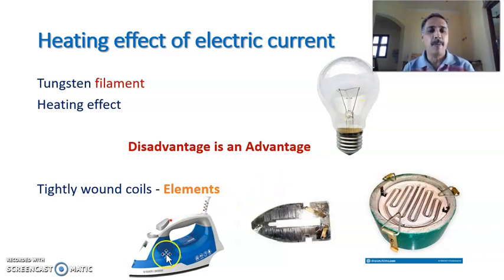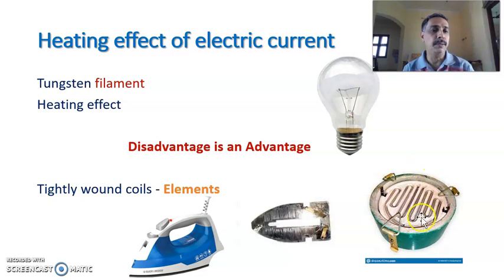We have many electrical appliances which use this heat energy. For example, the electrical iron box. Here in this electrical iron box, you have tightly wound coils, which we call elements. So these elements get heated up as electricity flows through them, and this heat is used in this iron box.